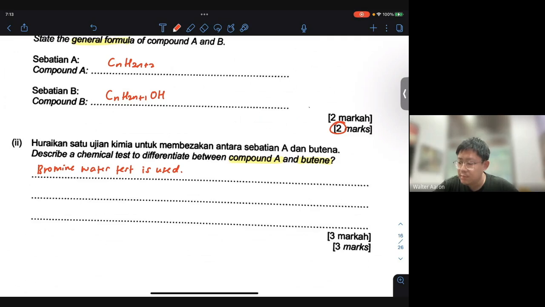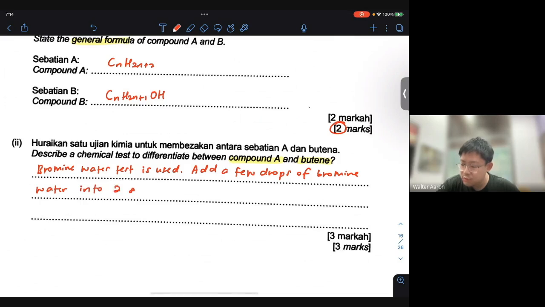So you see over here, add a few drops of bromine water into two separate test tubes containing compound A and butene.